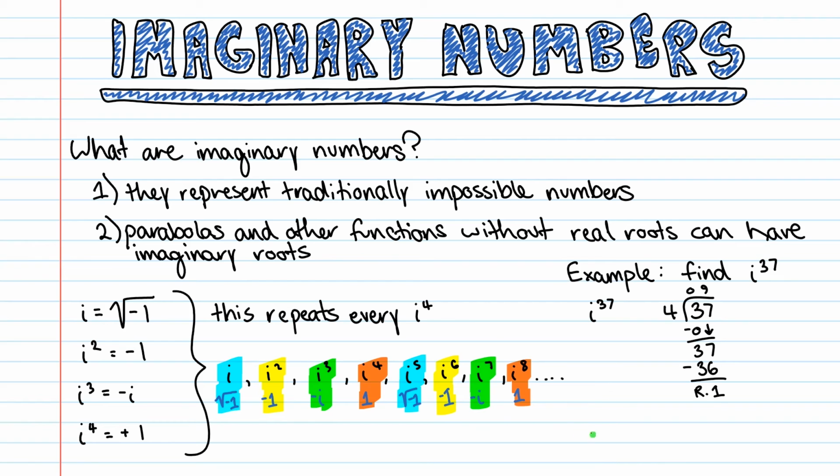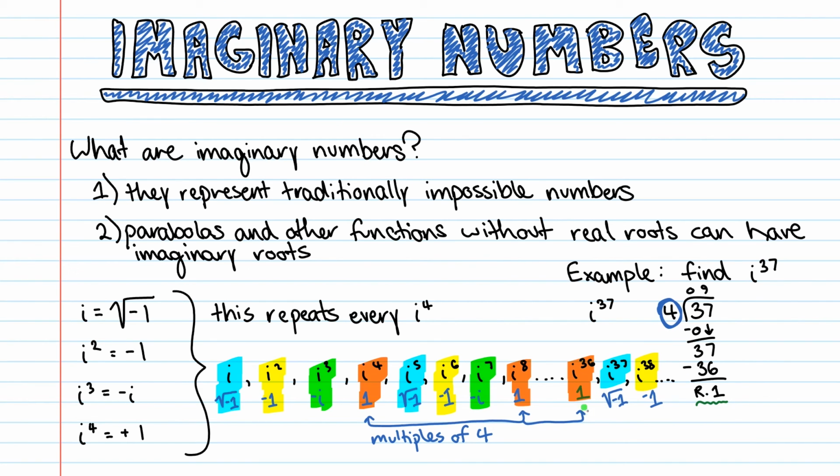And the remainder is really what we care about, because 4 times 9 is 36. And then if there's a remainder of 1, that means it's going to go 1 further. So i to the 37th would equal the square root of -1, which is the same thing as i.